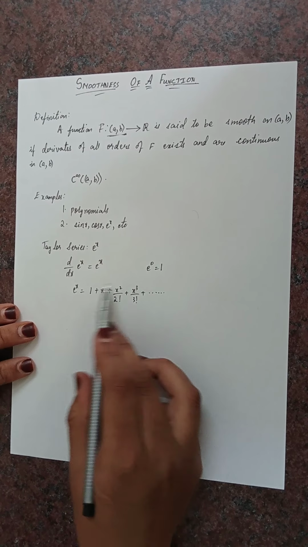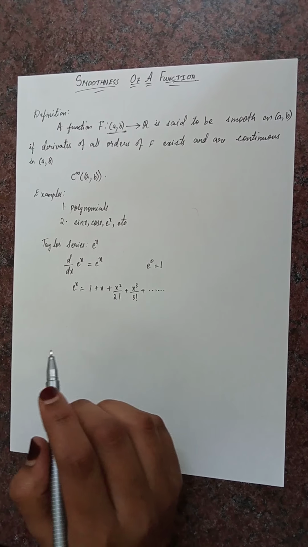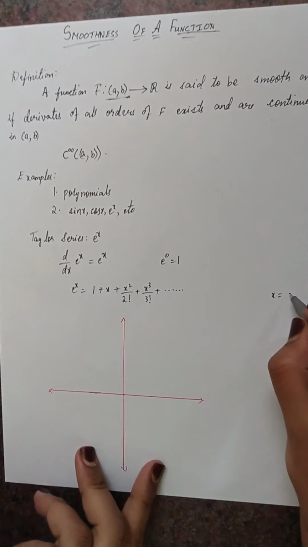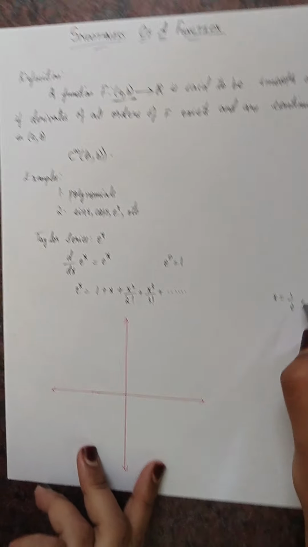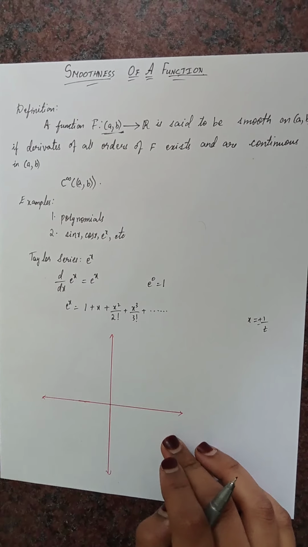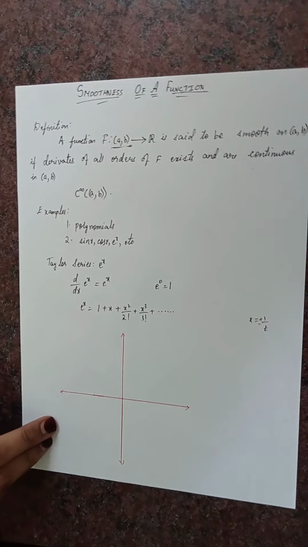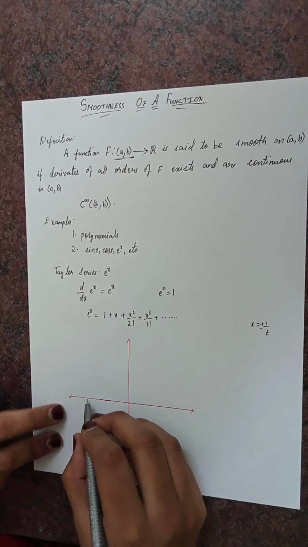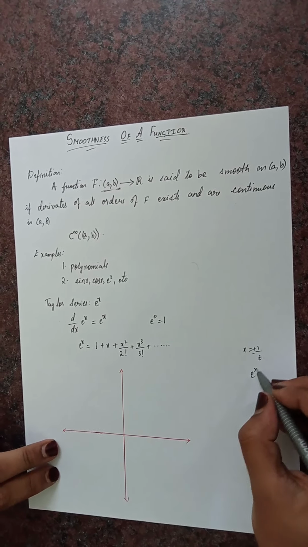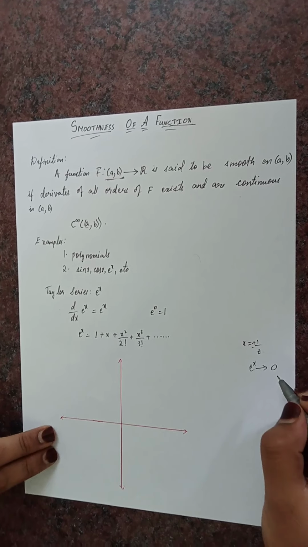So now if I represent this, if I take x as 1 by t plus or minus 1 by t, and represent this graphically, then I'll get a graph where at minus 1 by t, obviously e power x will be 0.